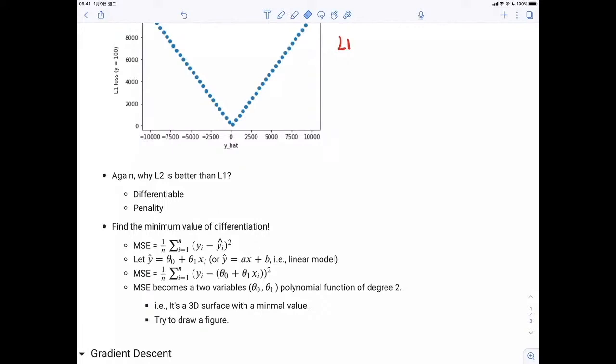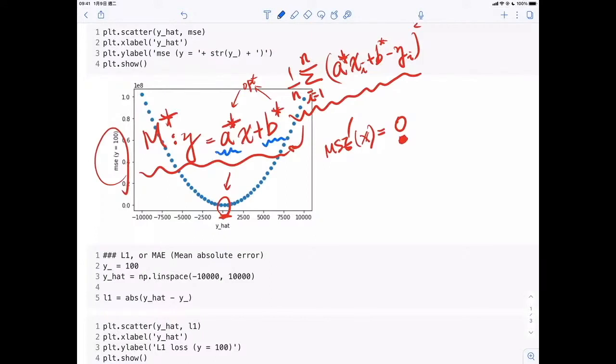Okay. Penalty. What does the penalty mean? If we randomly select an A value and a B value to create a random model M, the M may be right here. Its MSE value might be right here. The difference between y and y hat, when it is 5,000, it is right here.